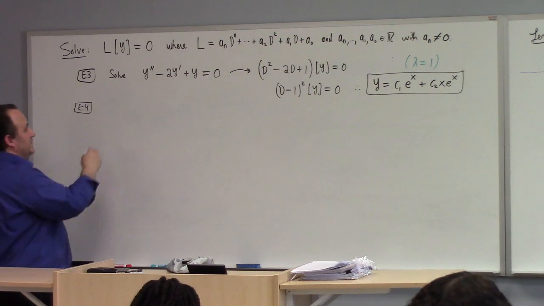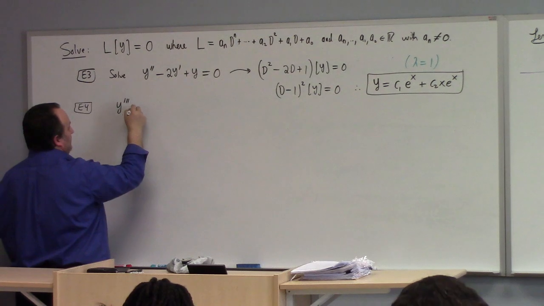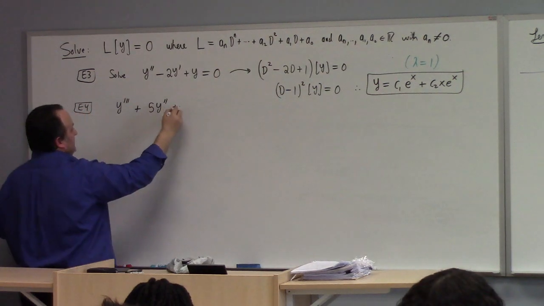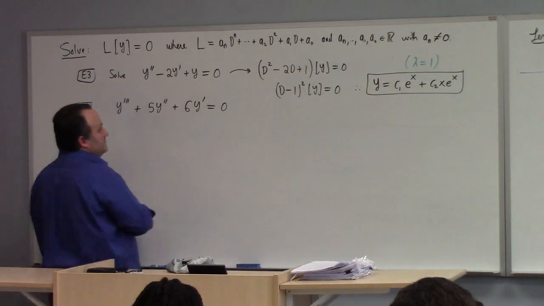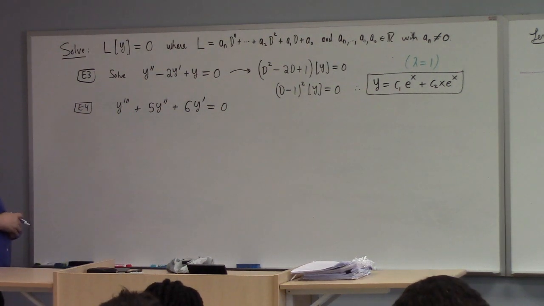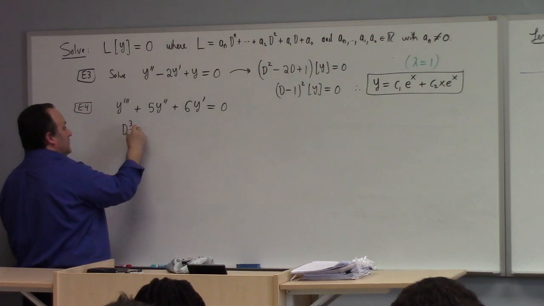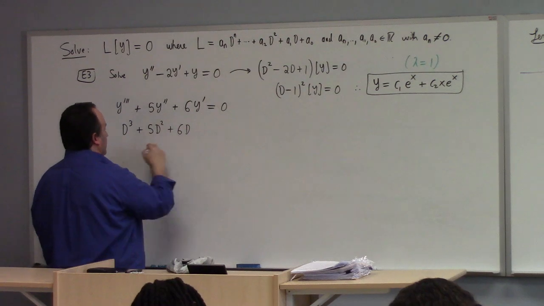What if I was up against, I don't know, y triple prime plus 5y double prime plus, let us say, 6y prime equals 0. So I rewrite this as an operator equation, D cubed plus 5D squared plus 6D, right?